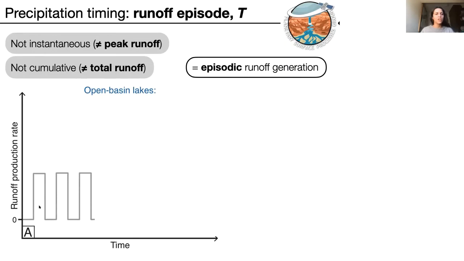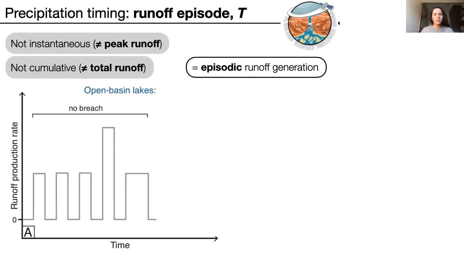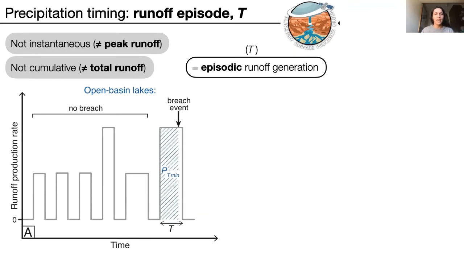However, if the events are never long enough or intense enough, they will never cause an open basin lake to breach. If there is a single event that is long or intense enough, then this will cause the open basin lake to breach. It's this threshold event that characterizes the total minimum precipitation depth that we calculate for this runoff episode. And this is defined as our runoff episode T.